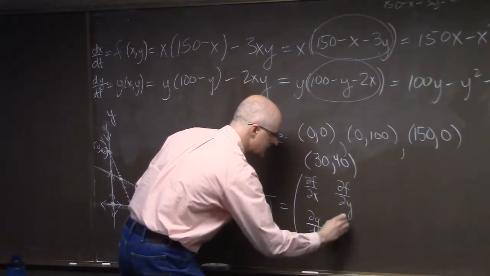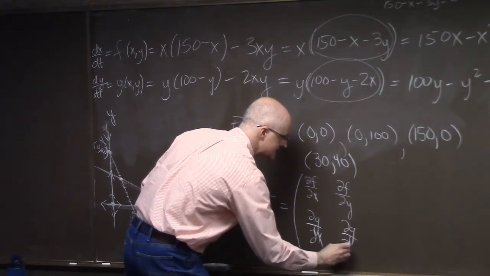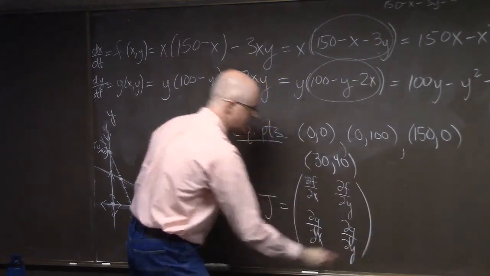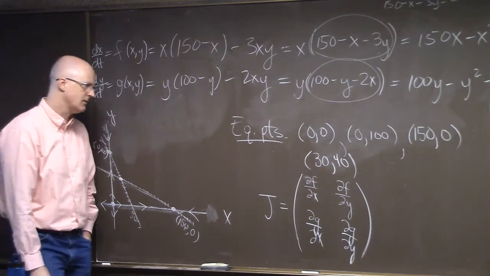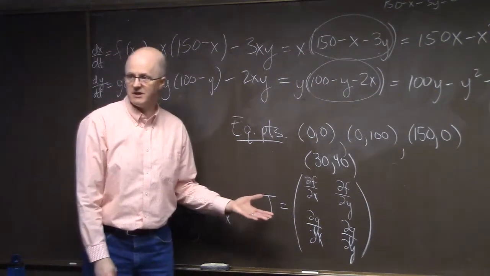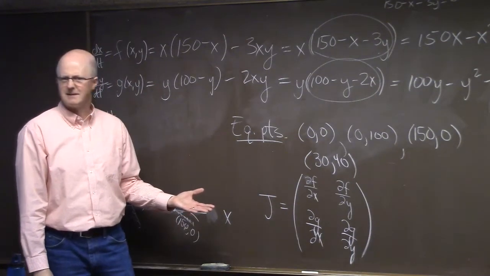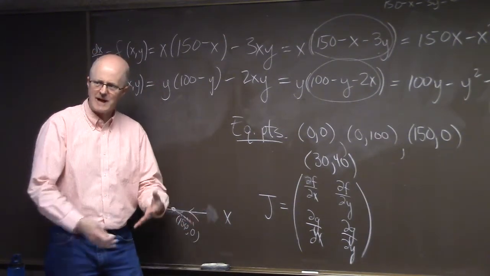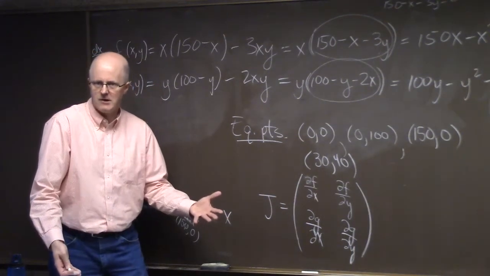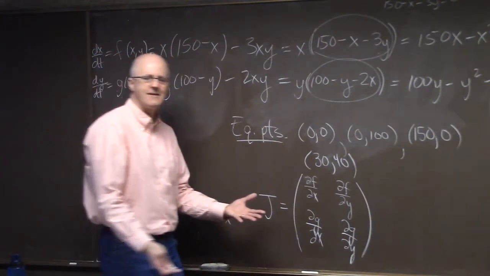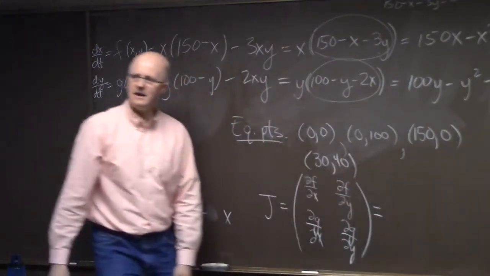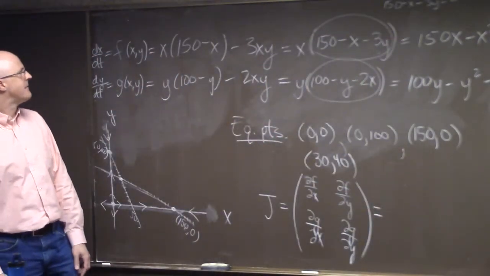Do the same derivatives for the second right-hand side function, g. That's the Jacobian matrix in general. This is a function of x and y. It's a matrix-valued function, a function whose output is a matrix. Weird. But we're used to weird things in here, aren't we?